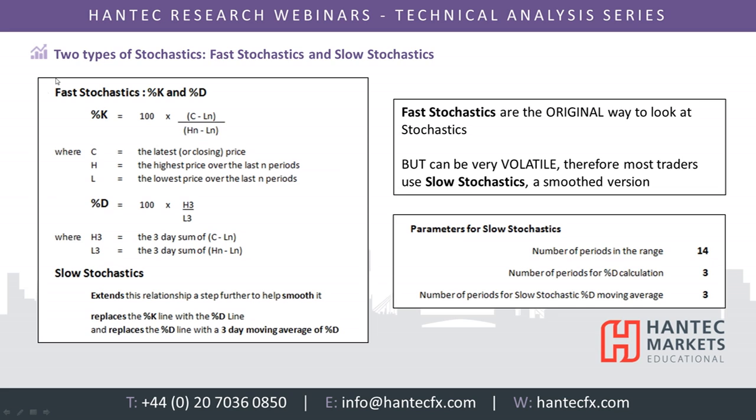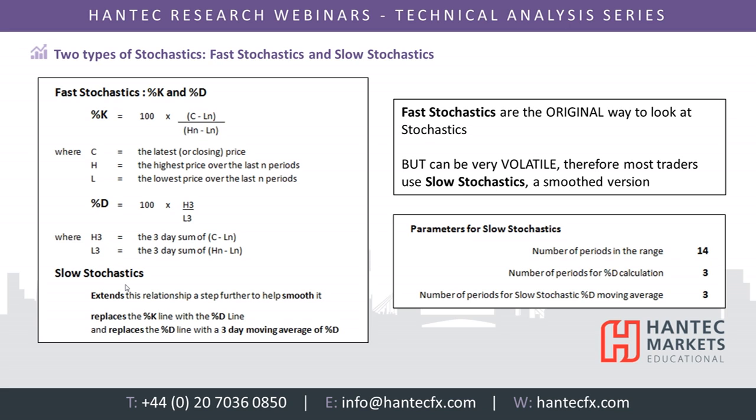You then have your percentage D line, which is effectively a 3-day moving average of that percentage K line, and then to get your slow stochastics, you slow the whole process down by using percentage D instead of K as your main line, and then having another 3-day moving average of your percentage D line to make the stochastics even slower.